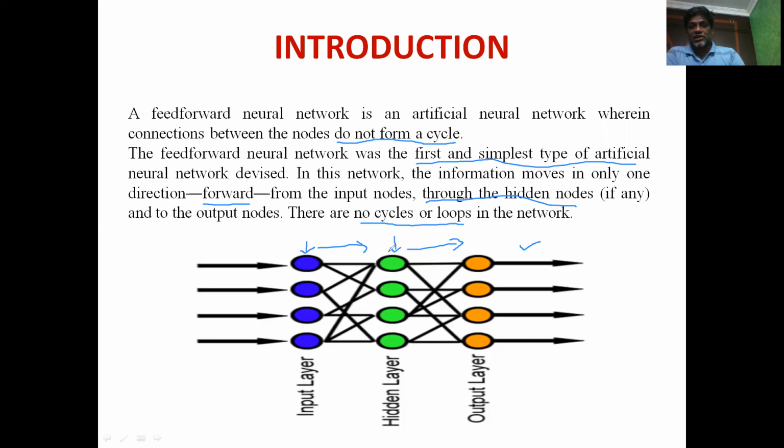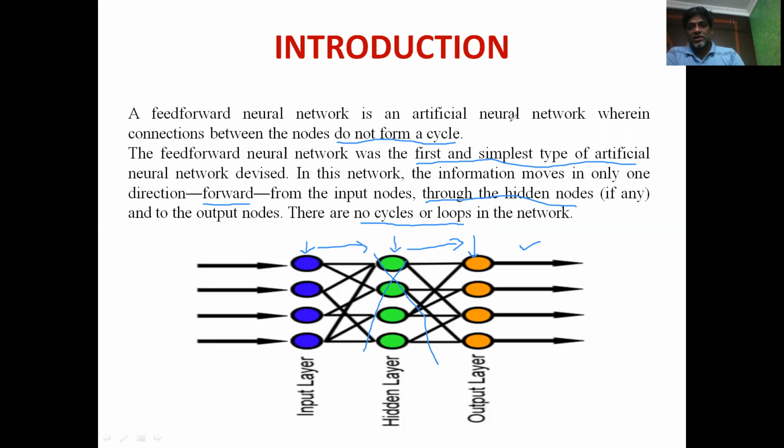The number of hidden layers depends on your application requirement. You may or may not have a hidden layer. Sometimes, without a hidden layer, you may use a single input layer which is directly fed to the nodes of the output layer. So it is also possible.